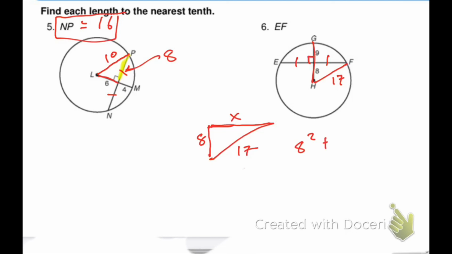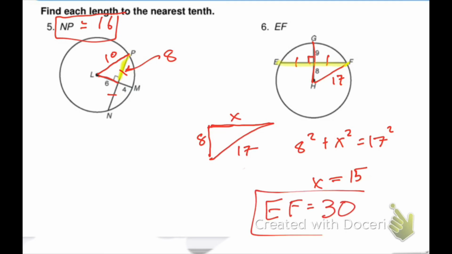So 8 squared plus x squared is equal to 17 squared. I get x is equal to 15. I'm solving for EF, which is the entire chord here. It's bisected, so I multiply that by 2, and I get EF is equal to 30.